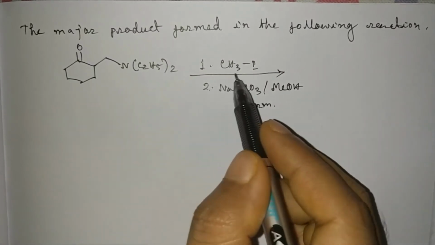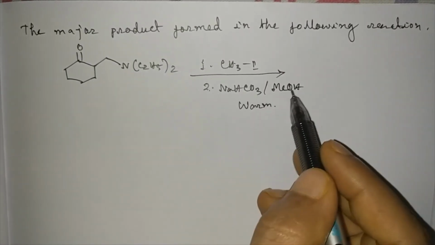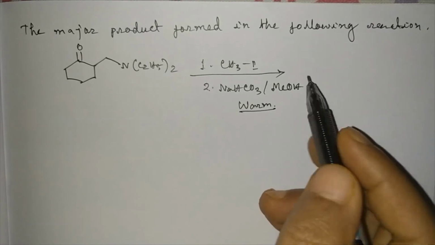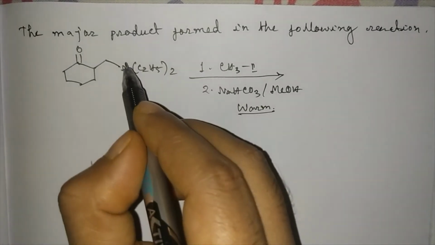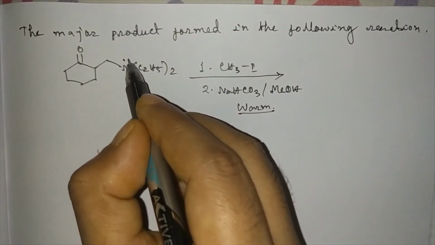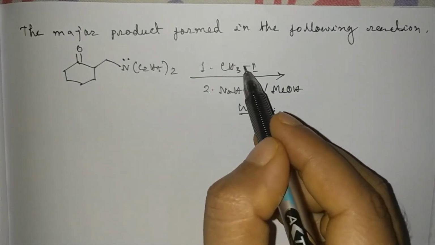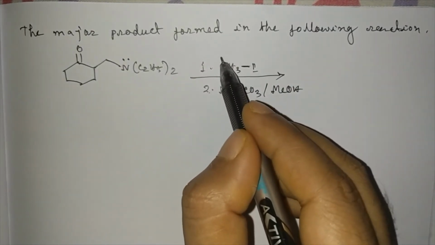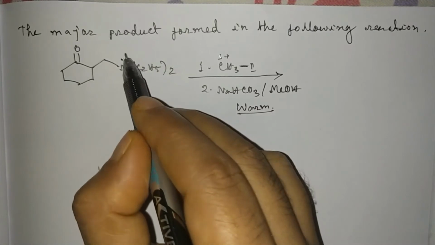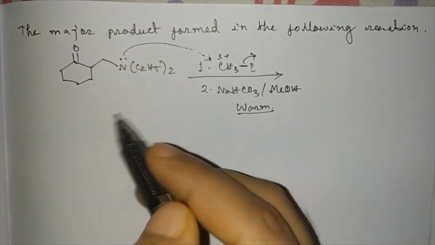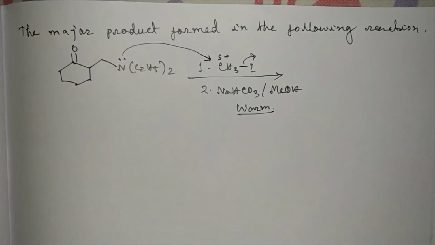If this is treated with CH3I and then sodium bicarbonate in MeOH under warming condition, what will be the product? Now as you can see here, the nitrogen is a good nucleophile, and CH3I is a good electrophilic center, so it will attack here, and a simple SN2 reaction will take place.